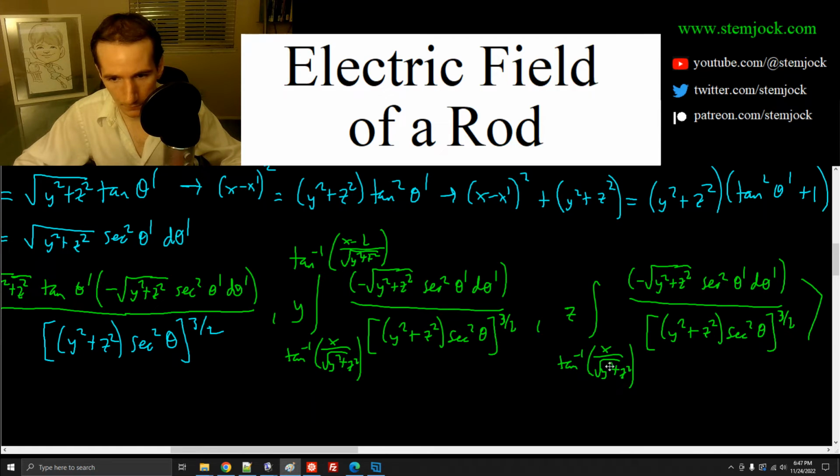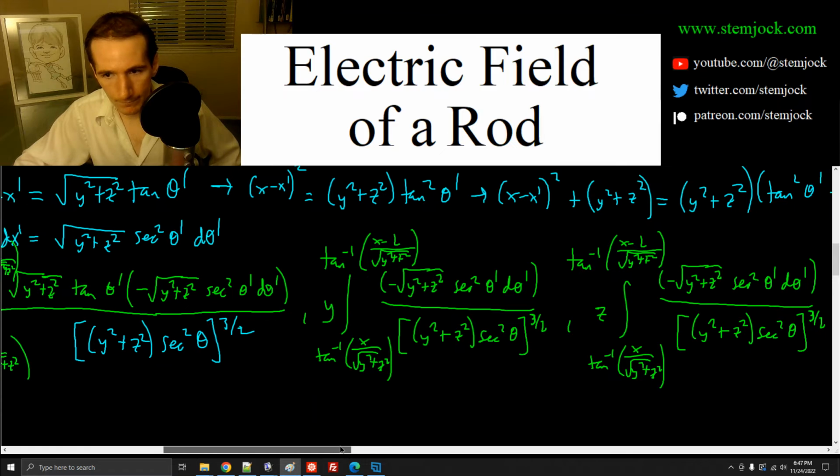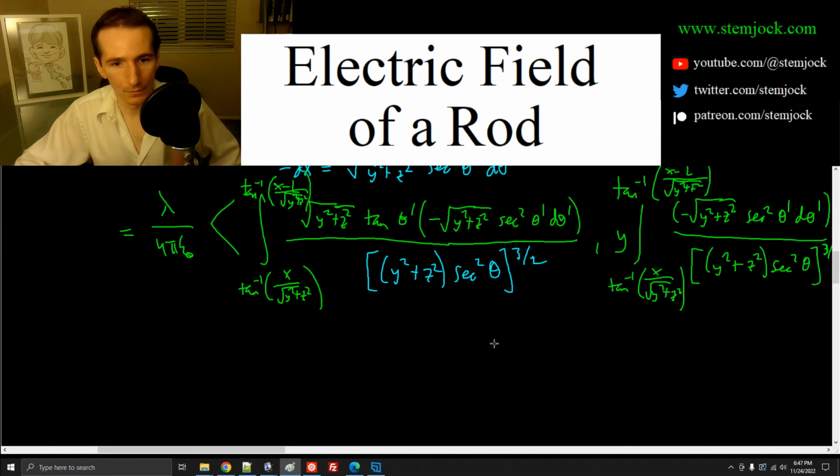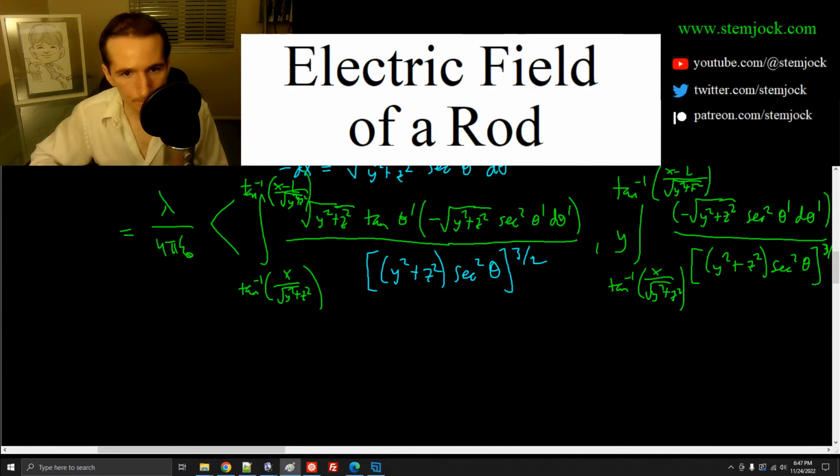And the same for the third component. All right. So now the next order of business is to simplify all of this. We have on the outside lambda over 4 pi epsilon 0.